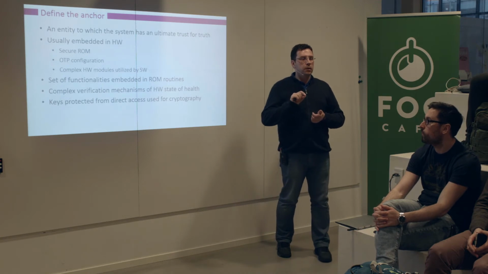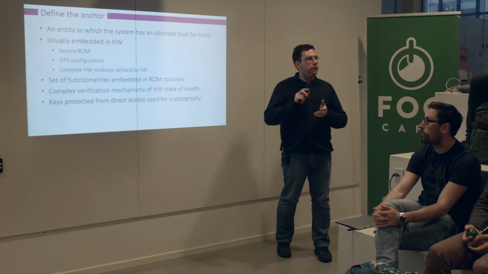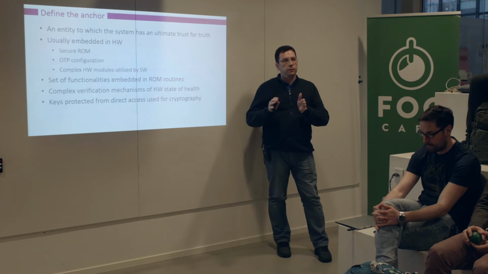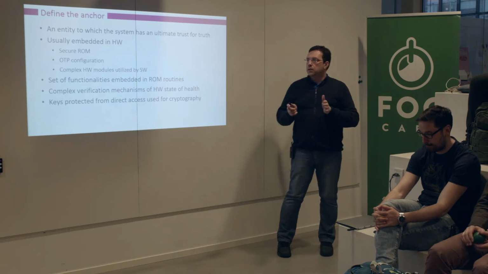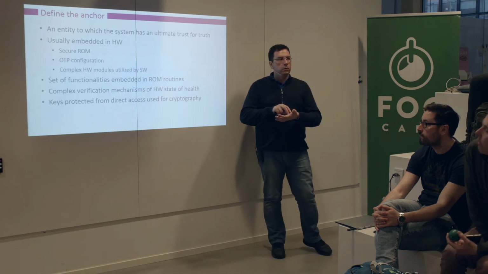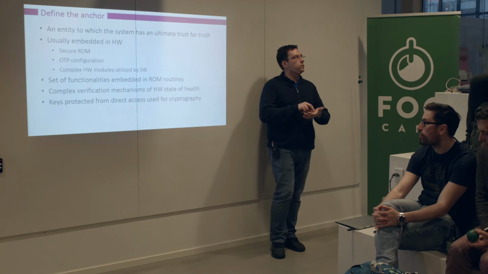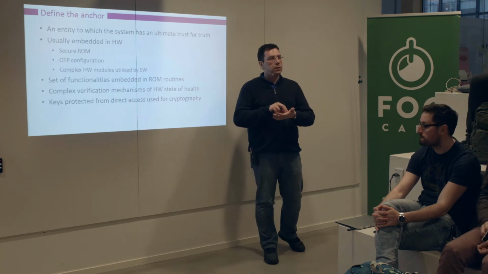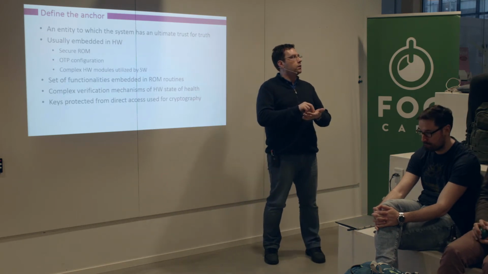In many cases, it is quite difficult to define what is a proper anchor of trust, but in many cases, it is sufficient to have it embedded within hardware, within a secure ROM, which is, as you all know, read-only memory, which is programmed once, and there are no methods to easily modify it.